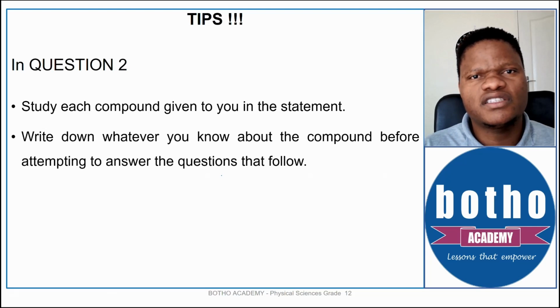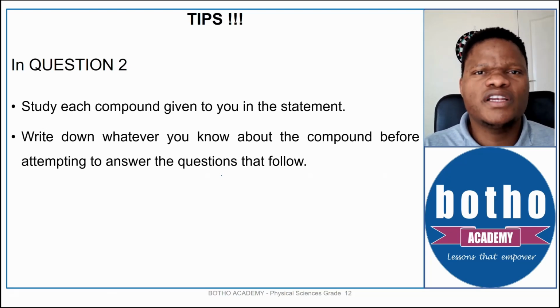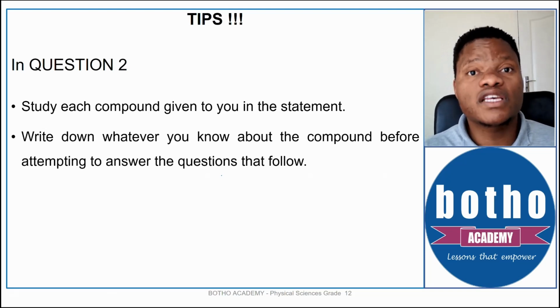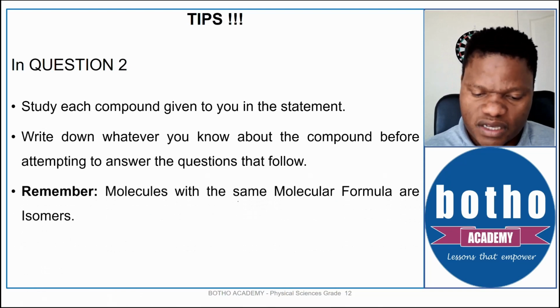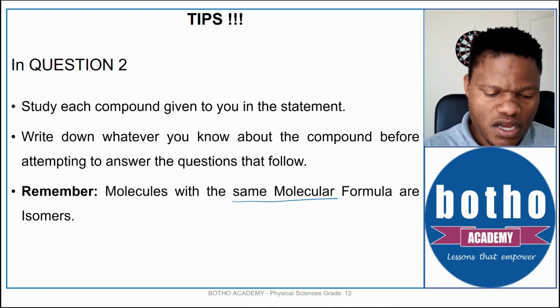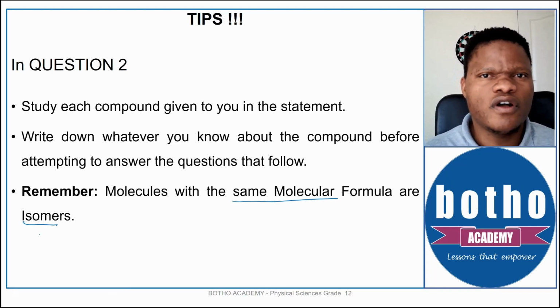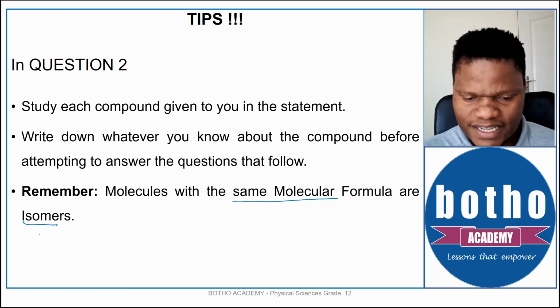On one you find an IUPAC name, another molecule is a structural formula, in another one a molecular formula, and sometimes there are 2 molecules with the same molecular formula, and then you'd remember that those with the same molecular formula are what we call isomers. Those are some of the things that you need to take care of when you're writing, especially question 2 of paper 2 in physical sciences.